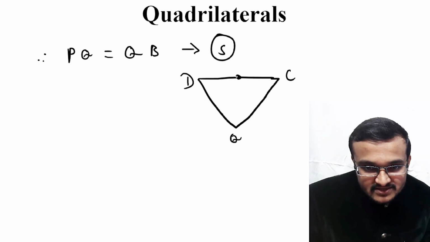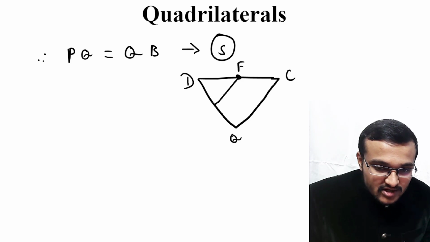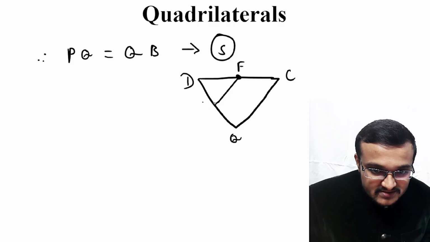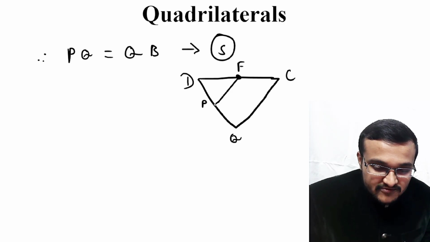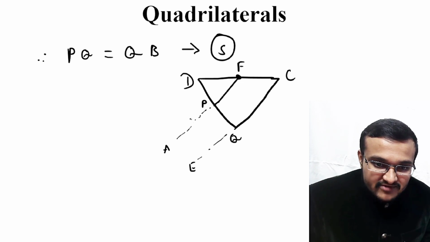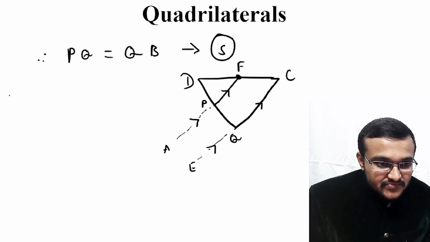You can draw a line like this, and this particular point is P. If you extend this, it will reach up to A, and if you extend this, it will reach up to E. We know AF and EQ are parallel to each other, so PF and QC will be parallel to each other.